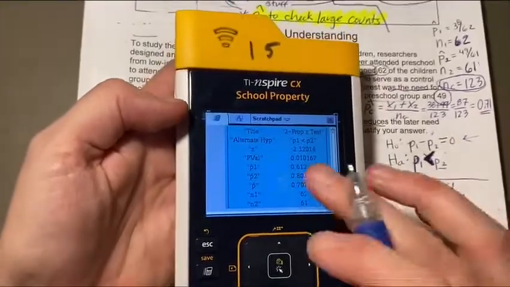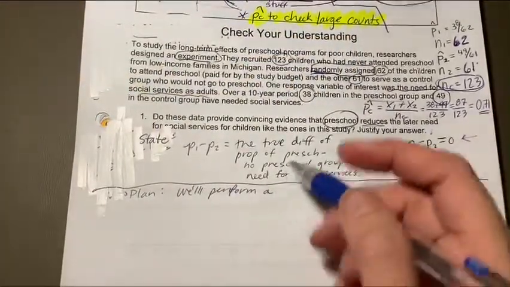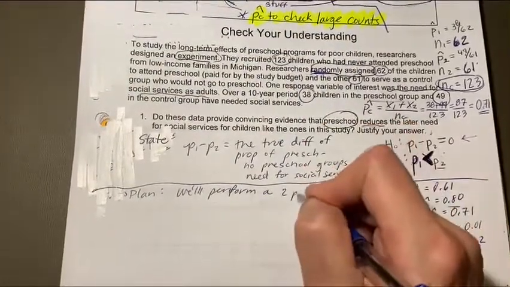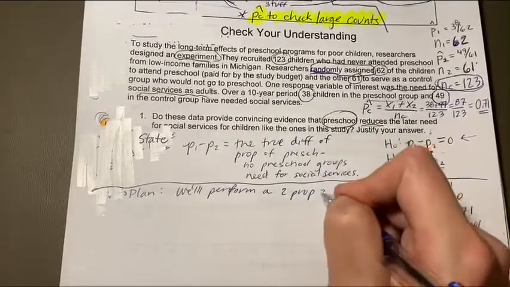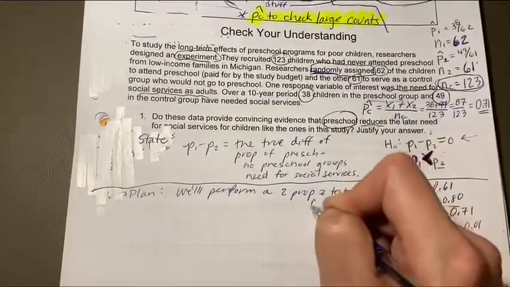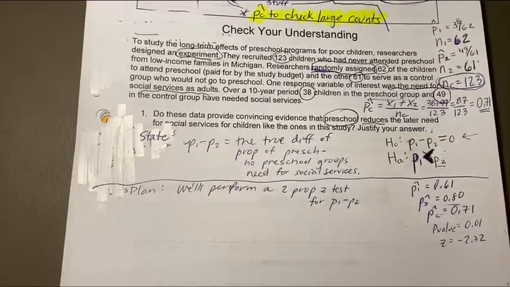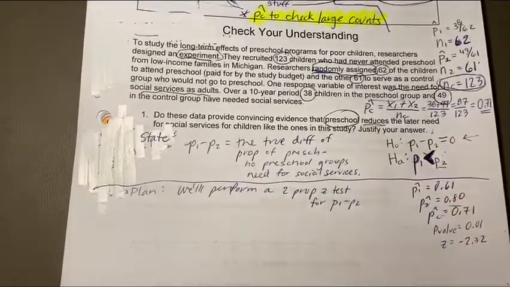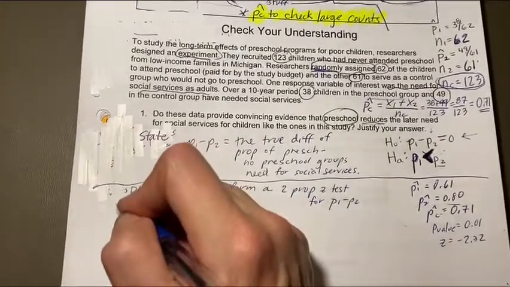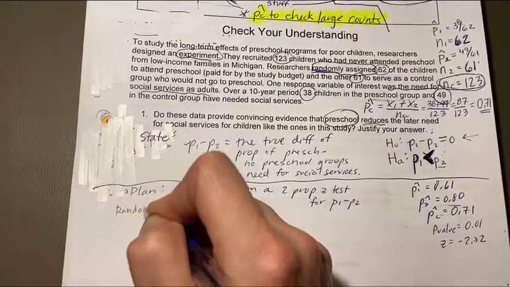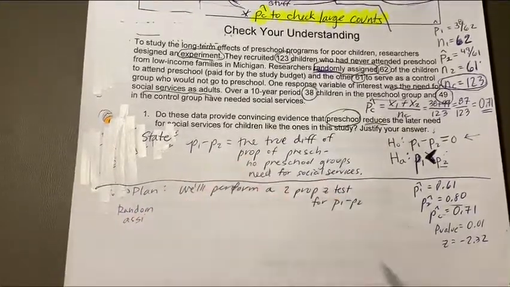Okay, so what did we perform? We performed a two proportion z test for p1 minus p2. Or I could also say a two sample z test for p1 minus p2. Okay. So, random assignment was used.